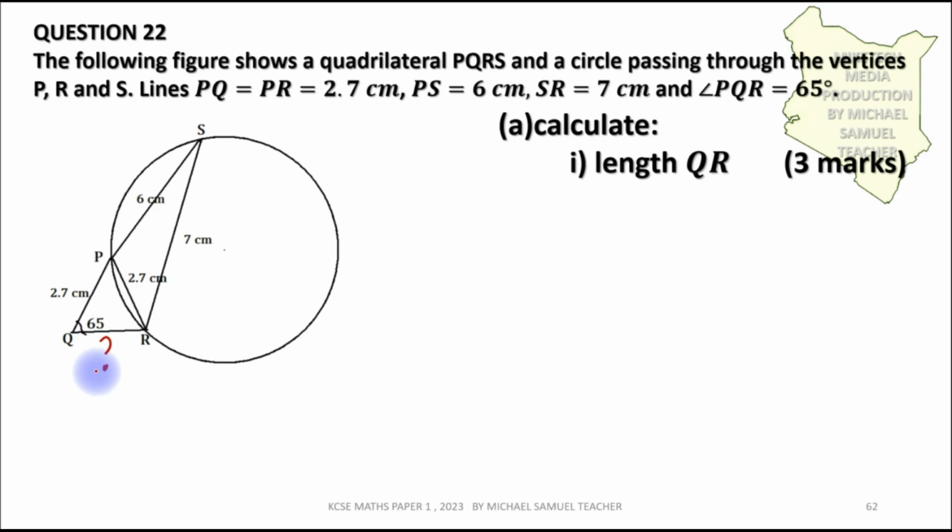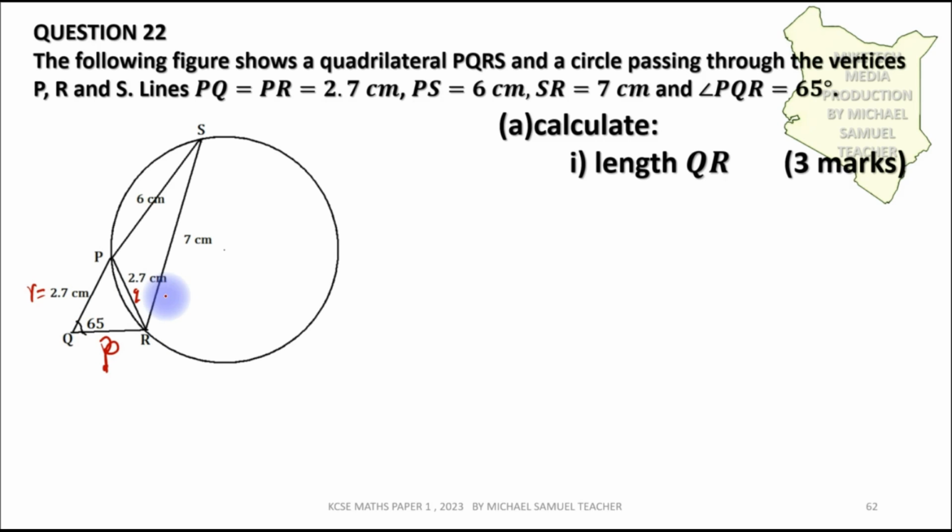We are going to use the sine rule. Let me consider this side QR is opposite vertex P, so let me call it small p, and then we have small r opposite to vertex R, and small q opposite to vertex Q.